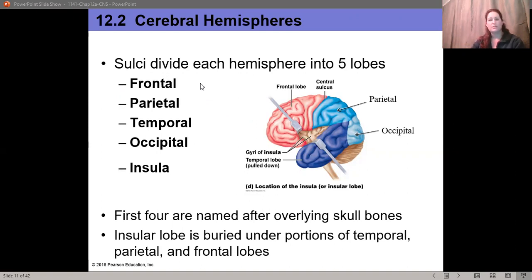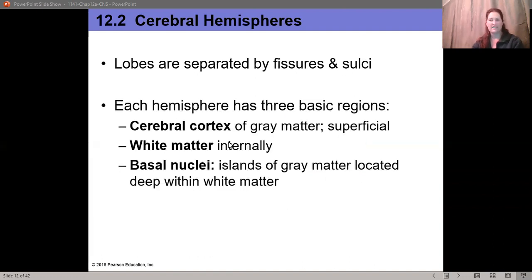So some textbooks will just give you 4 lobes, and then some textbooks like ours will give you a 5th lobe, which is the deepest part of those structures of the lobes. Okay, so we have a frontal lobe, and it is named for the frontal skull bone. We have parietal lobes, a right and left temporal lobe, and we have an occipital lobe.